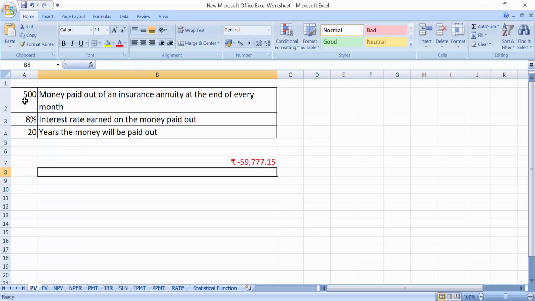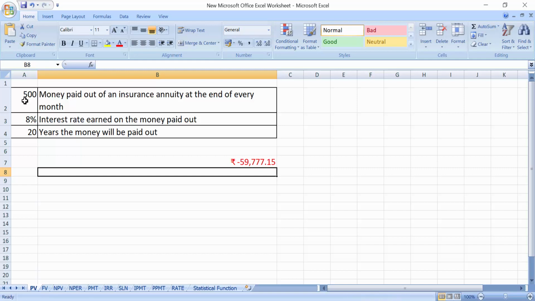So it will return the present value, and that is minus 59,777.15. Here see, the result is negative because it represents money that you would pay, an outgoing cash flow, and if you are asked to pay 60,000 for the annuity, then you would determine this would not be a good investment.